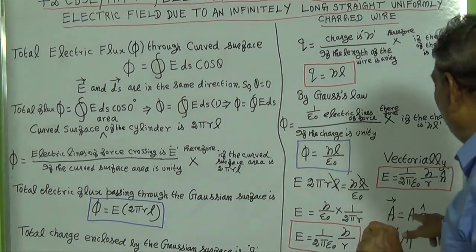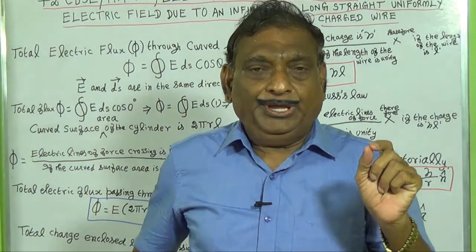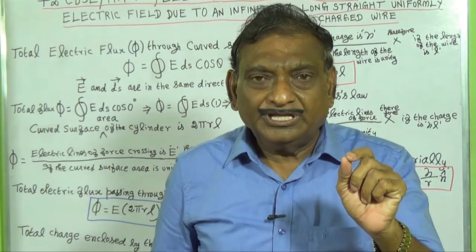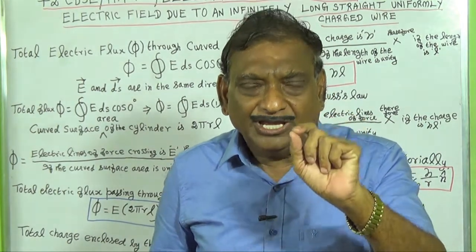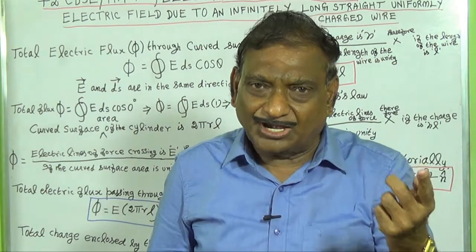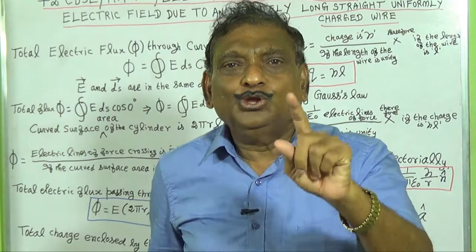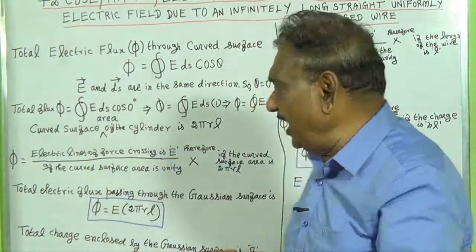This scalar quantity may be positive or negative. If the scalar capital A is greater than 0, the direction of the A vector will be the direction of the unit vector, that is a cap.